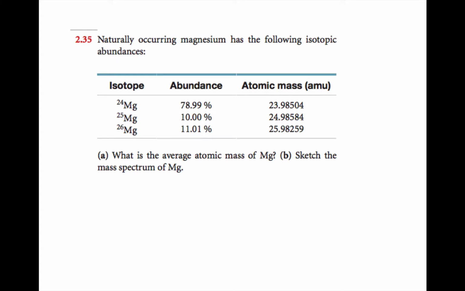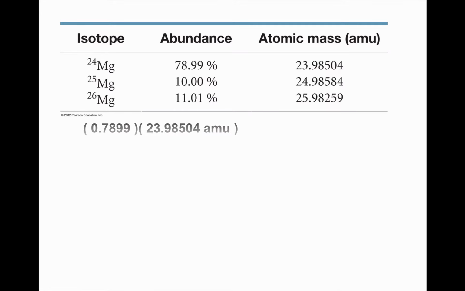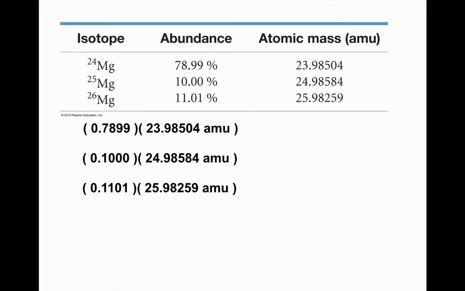And these are their actual masses. So if I want to get the weighted average of magnesium, I would turn those percentages into fractions, multiply those fractions by the masses, and this would give me the weighted average.